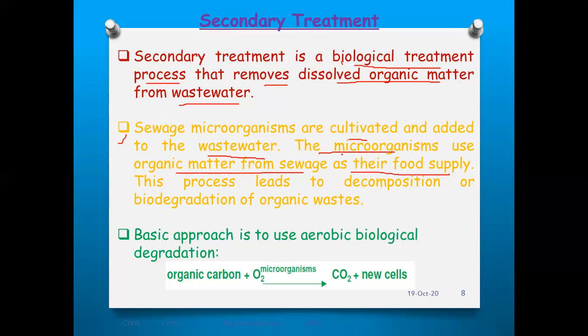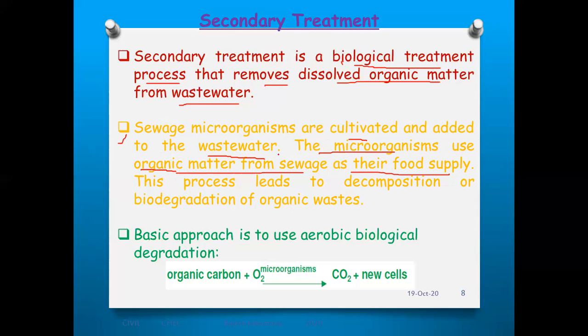Understood? What happens now? Whenever the sewage water has microorganisms, in order to live in the water and get their food supply, they will depend upon the organic matter. For example, vegetable waste, or in big hotels, whatever kitchen waste is coming, is nothing but organic matter. It slowly decomposes.